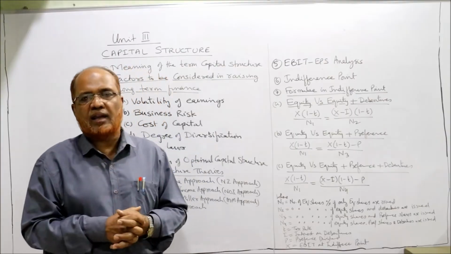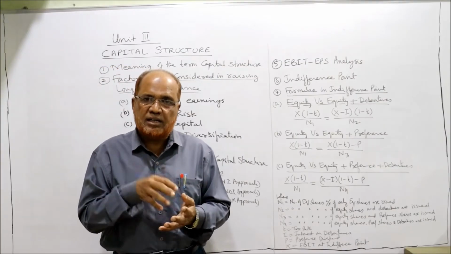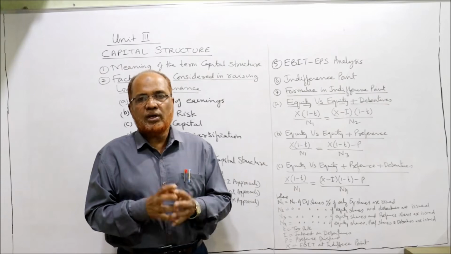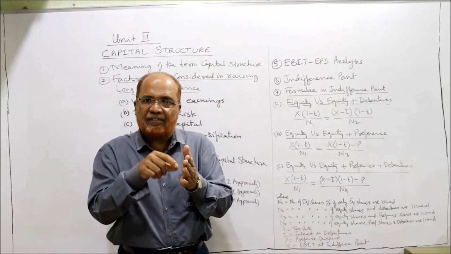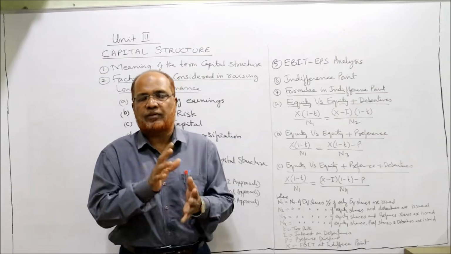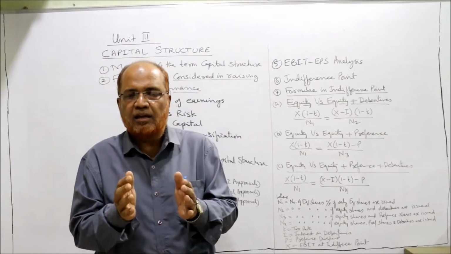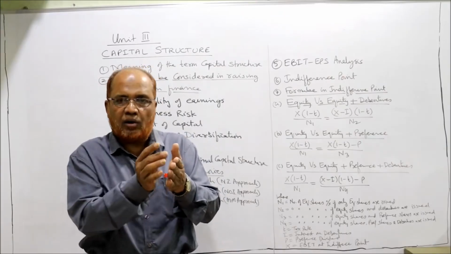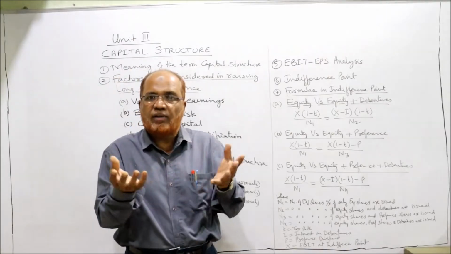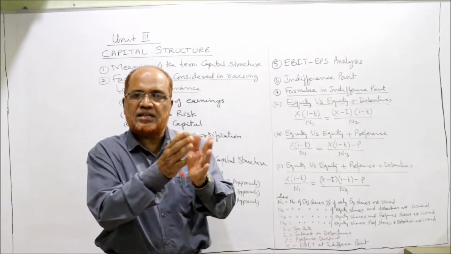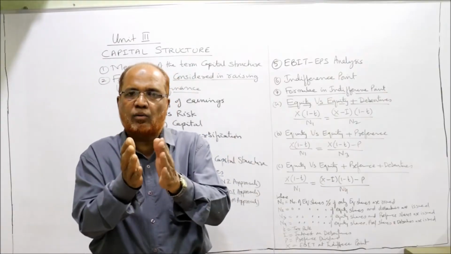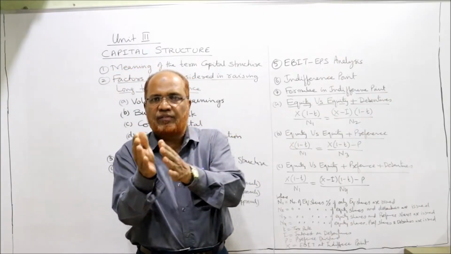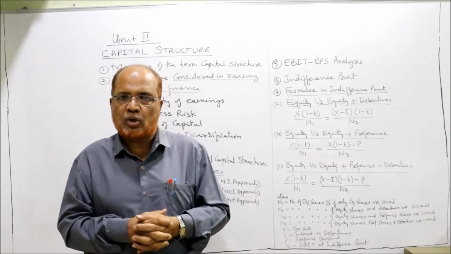तो ये डिसीजन लेने के लिए कि नया फंड हमको कहां से रेज करना है, हमको एक एनालिसिस कहते हैं called EBIT EPS analysis. तो इसमें क्या होता है, we will find out what is the effect of raising these funds on EPS. अगर हम ये पैसा इक्विटी से रेज करें तो EPS पे क्या इफेक्ट है, प्रेफरेंस से रेज करेंगे तो क्या इफेक्ट है, और डिबेंचर से रेज करेंगे तो क्या इफेक्ट है, या we will make a combination of debt and equity, 50% equity 50% debentures अगर रेज करें तो what will be the effect, और 50% equity and 50% preference से रेज करें तो what is the effect on EPS.